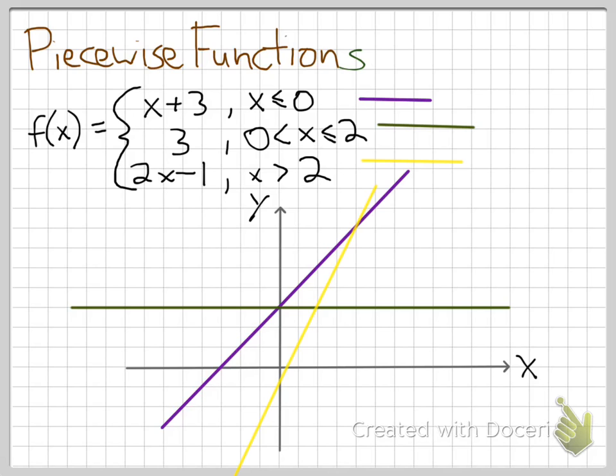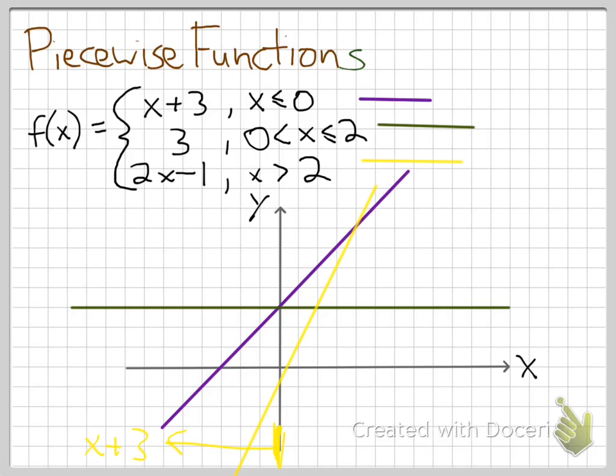So if I look at x plus 3, that's occurring when x is less than or equal to 0. So really, if I went down and said, you know, I have sections going on here. One of them is when I have 0. Something on that side of it will be x plus 3.